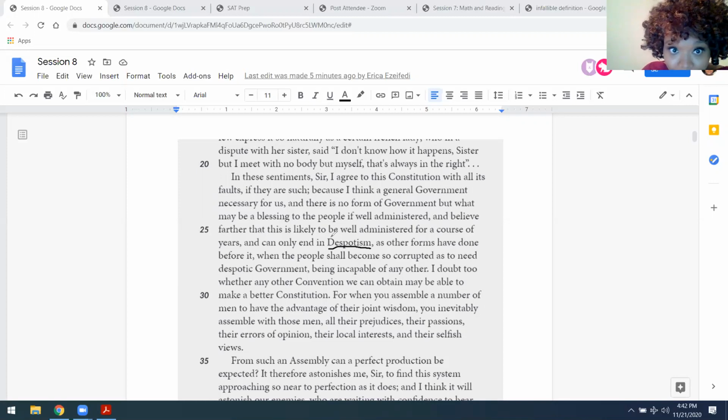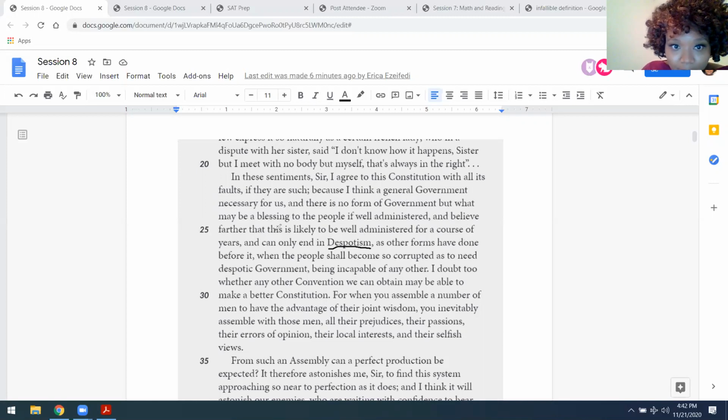Geez, it's so long. In these sentiments, sir, I agree to this Constitution with all its faults, if they are such, because I think a general government necessary for us, and there is no form of government but what may be a blessing to the people if well administered. That's just fluff. He's just being extra.